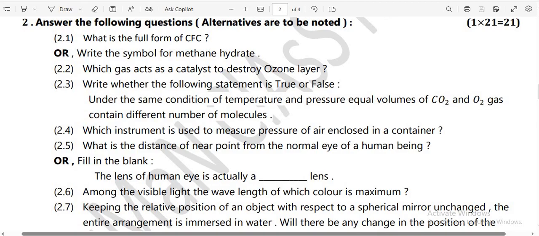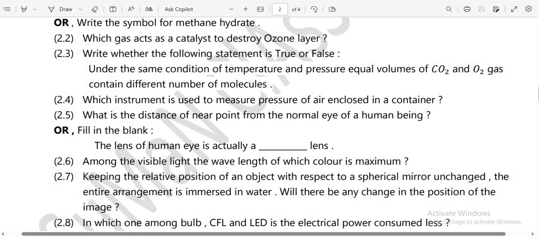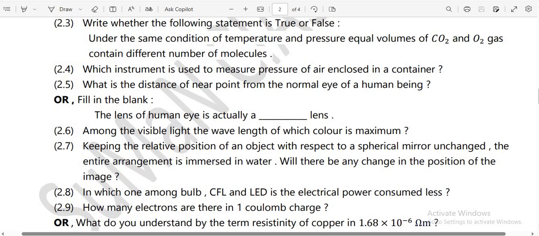2.5 Or fill in the blanks. The lens of human eye is actually a dash lens. 2.6 Among the visible light, the wavelength of which color is maximum? 2.7 Keeping the relative position of an object with respect to a spherical mirror unchanged, the entire arrangement is immersed in water.